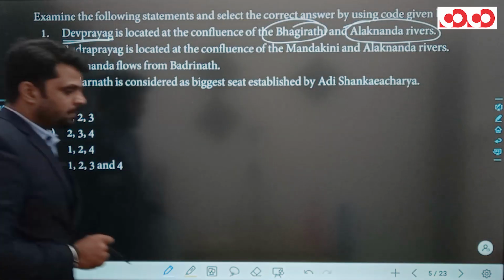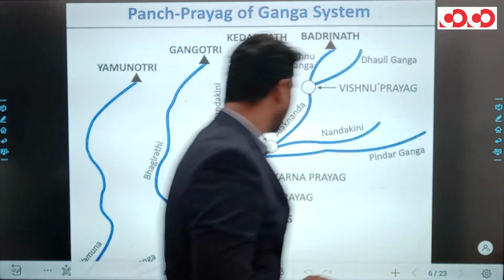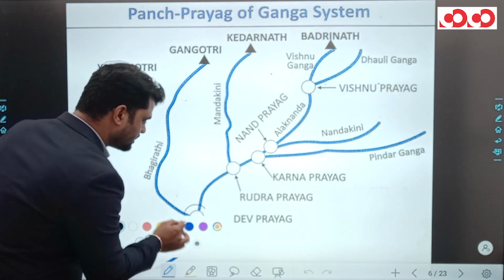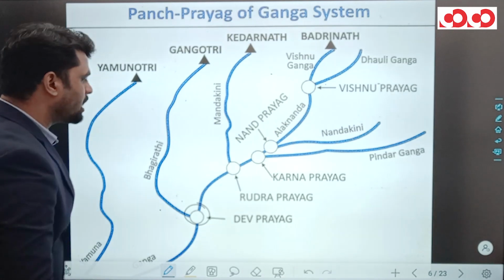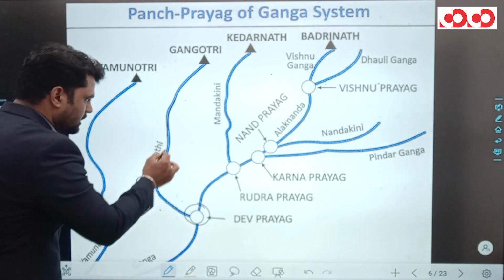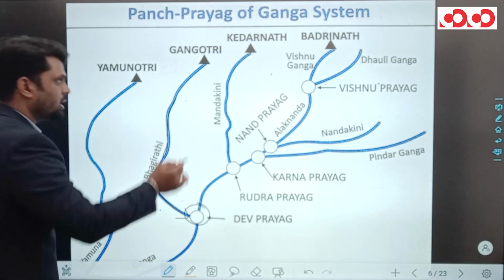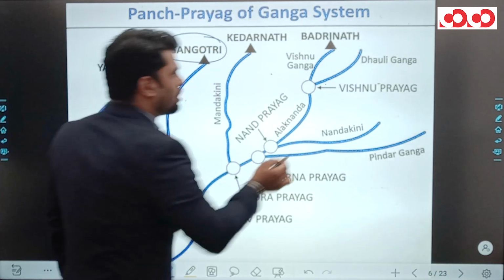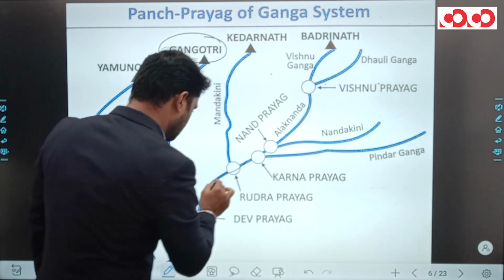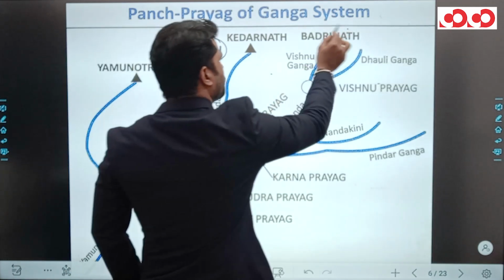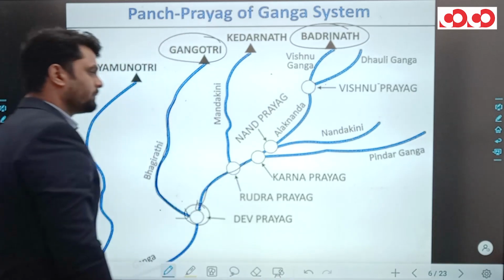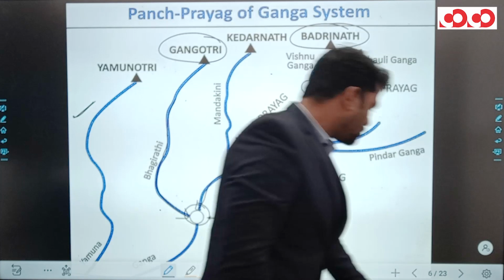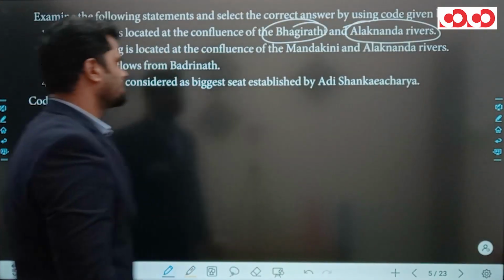Okay, let's have a look at this picture. Here is Devprayag, and at Devprayag you are witnessing the confluence of Bhagirathi river which originated from Gangotri and Alaknanda which originated from Badrinath. So according to this image, the first statement of the question is absolutely correct. Clear?